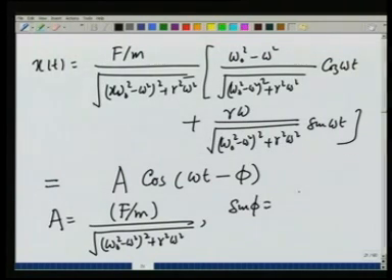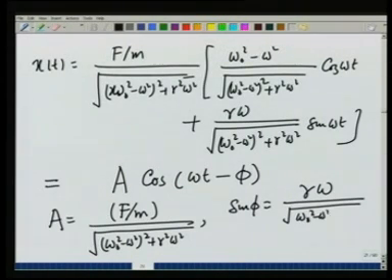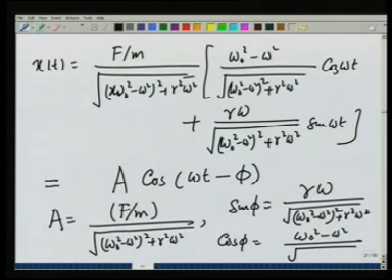Sin phi is gamma omega over the square root of this whole quantity, cosine phi is omega naught square minus omega square over the square root of this whole quantity, and tangent phi is gamma omega divided by omega naught square minus omega square.